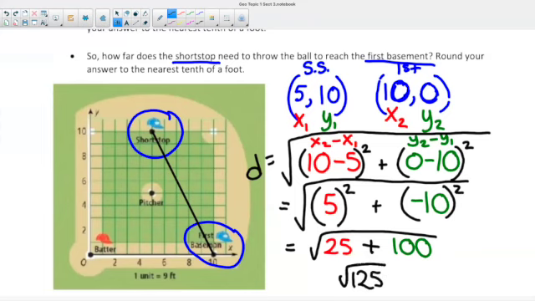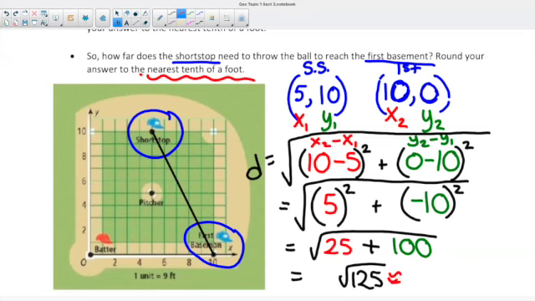And the square root of 125 is 25, right? Or no, it's not. The square root of 625 is 25. But they asked us to round, back up here, remember they asked us to round to the nearest tenth of a foot. So I'm going to put this in my calculator. The square root of 125 is approximately 11.18.